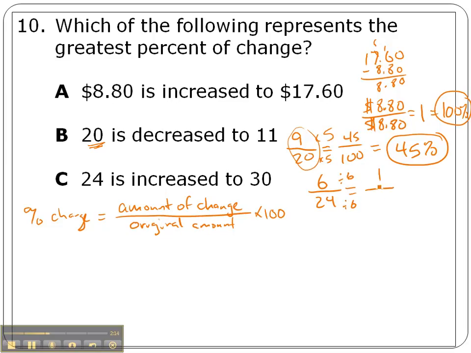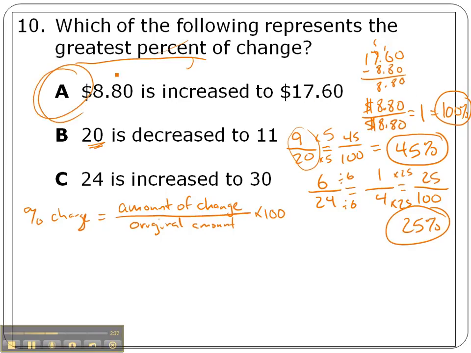You get 1 over 4, and then recognize that we can make that out of 100 by multiplying by 25. We get 25 hundredths, which is 25%. So, which of the following represents the greatest percent of change? The 100% is the greatest percent of change, and that's answer choice A.